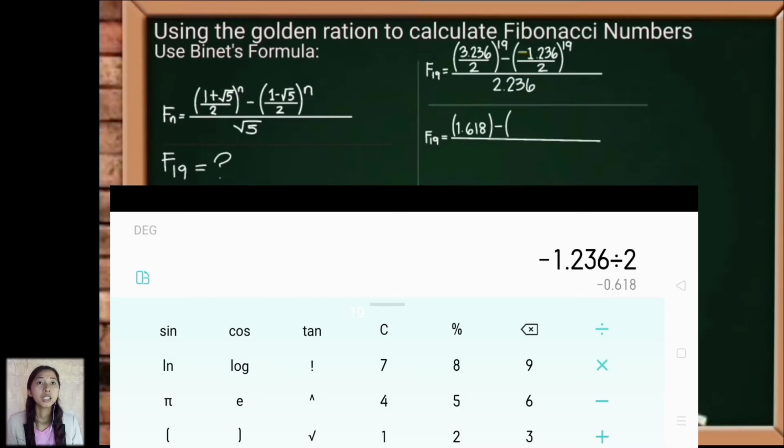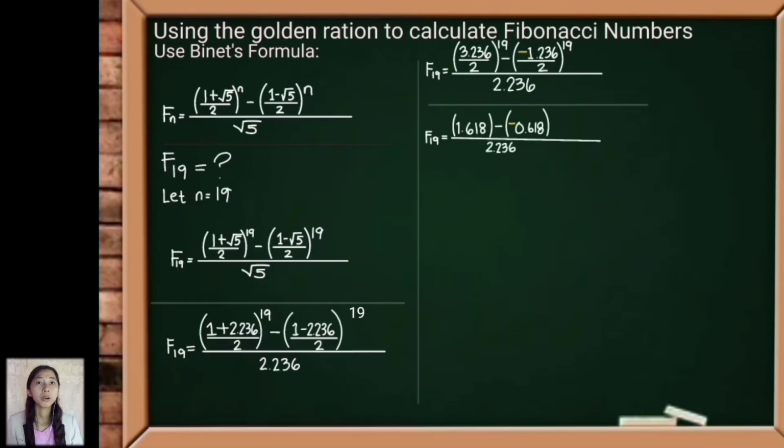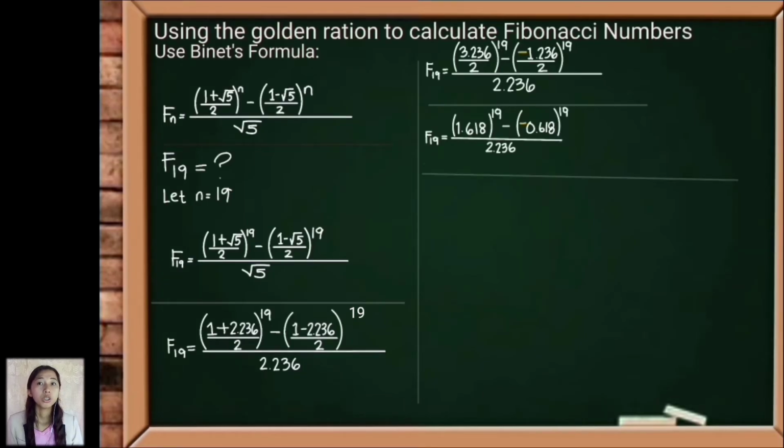The answer is negative 0.618 to the 19th power. We copy the value of the denominator, all over 2.236. Okay, so again, we have to simplify it.